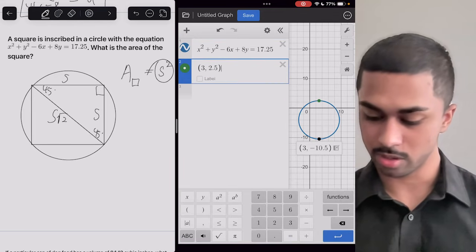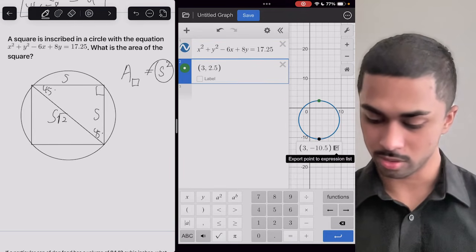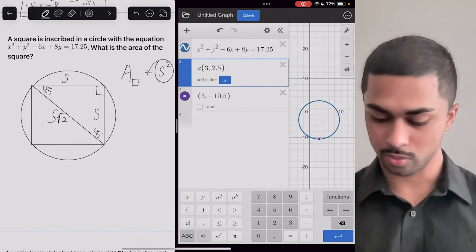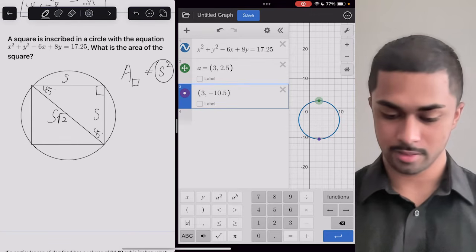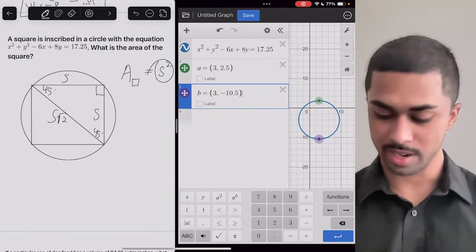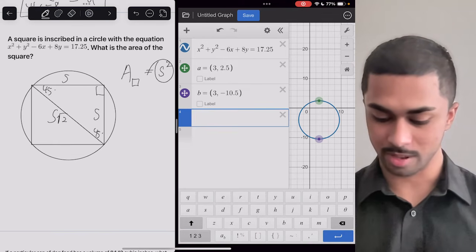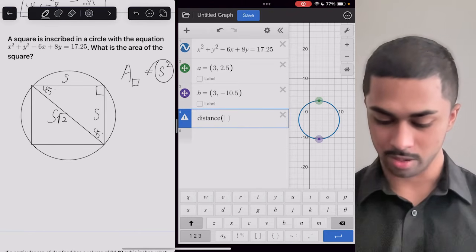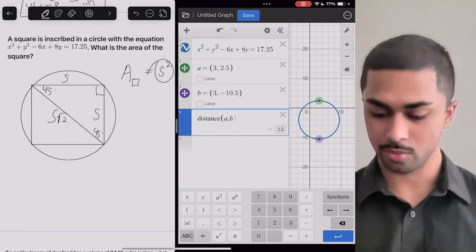So then export each of these points like that. Set one of them equal to a variable like a. I always do a and b. Do the other one equal to b, and then find the distance between them by doing distance, open parentheses, a comma b. And Desmos will find the distance for you.